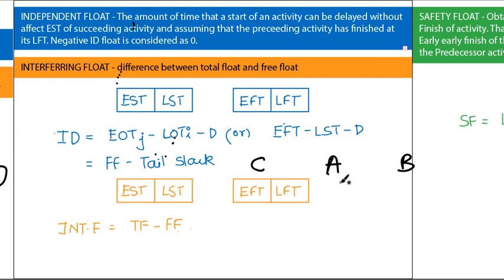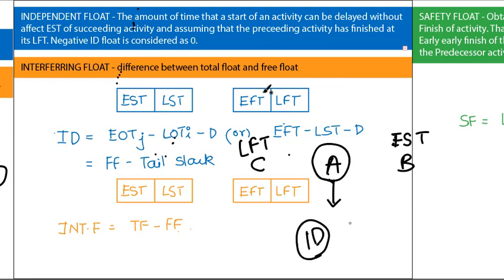So the amount of time A can be delayed without affecting the early start time of B, assuming that C finished at its latest finish time, is known as independent float.